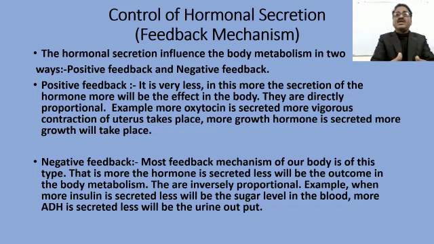A very good example is: the more the insulin is secreted, the less will be the sugar level in the blood. So they are inversely proportional. More insulin, less sugar. Like that, if more ADH is secreted, then urine output will be less. This is called a negative feedback mechanism.